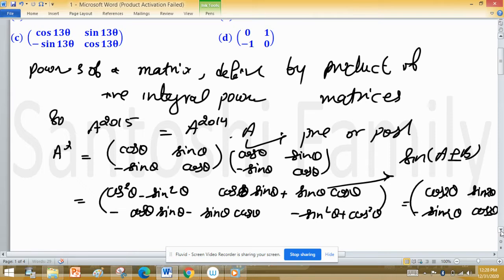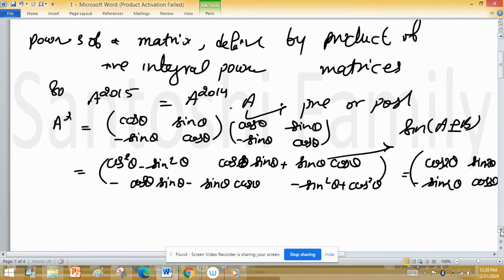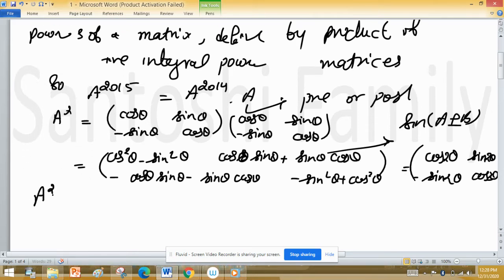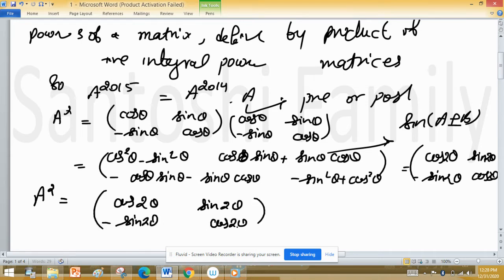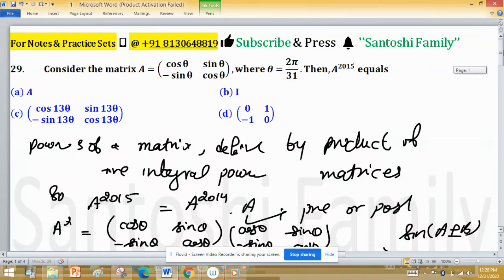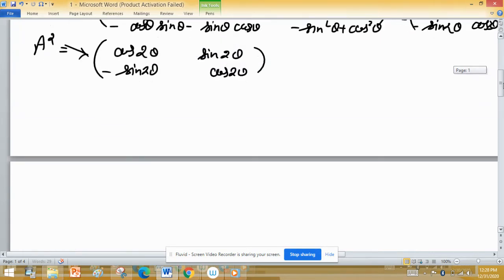So A square is cos 2 theta, sin 2 theta, minus sin 2 theta, cos 2 theta. This is an MCQ based problem.